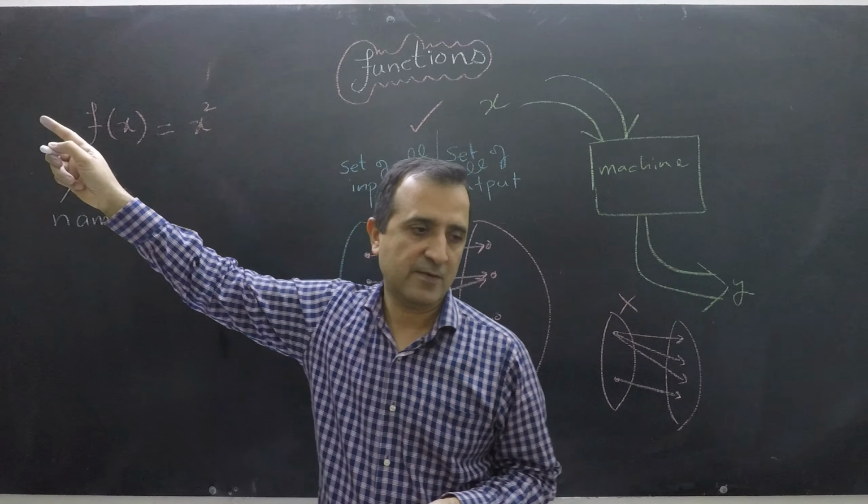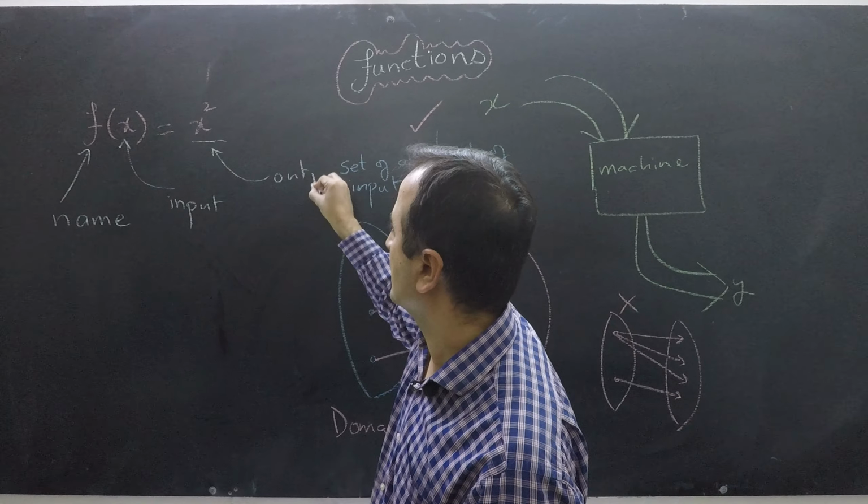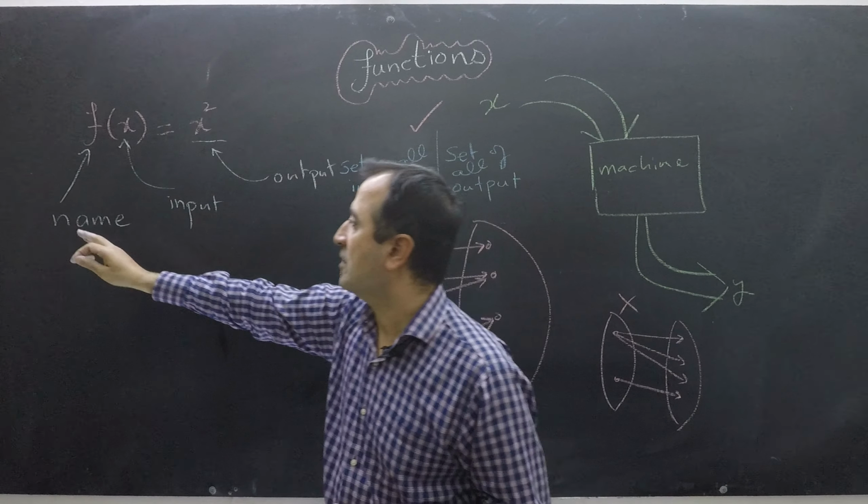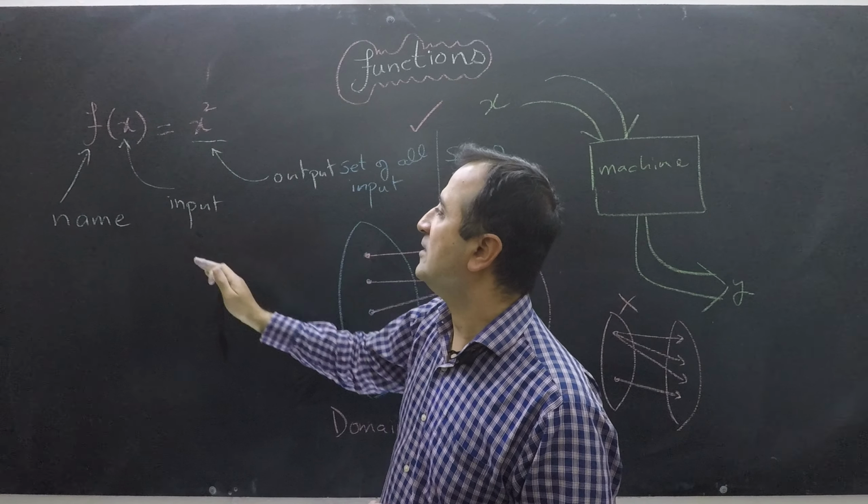And x will be the input of our function, and this here will be the output of our function. Make sense? So this is our name, this is our input, and this is our output.